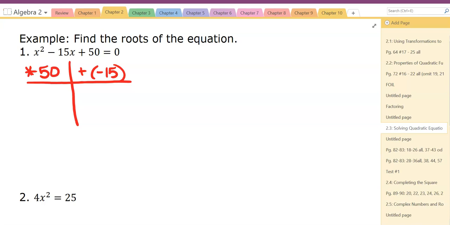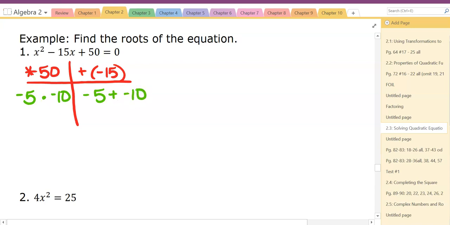Five and 10. Do we want them to be negative or positive or one of each? Good, both negative. Okay, so we get positive 50 when we multiply and then negative 15 when we add.